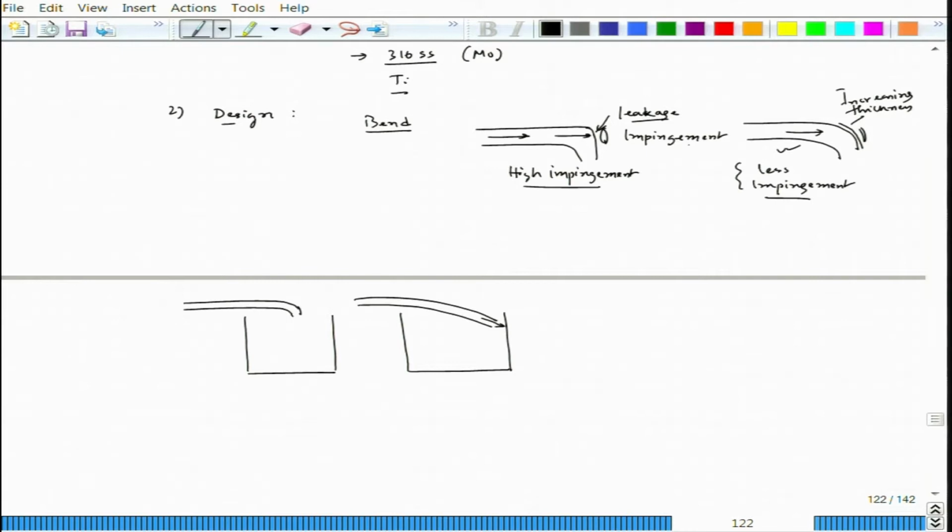So, in these two cases this is the better design from the point of view of low erosion corrosion. This is a bad design, high erosion corrosion.